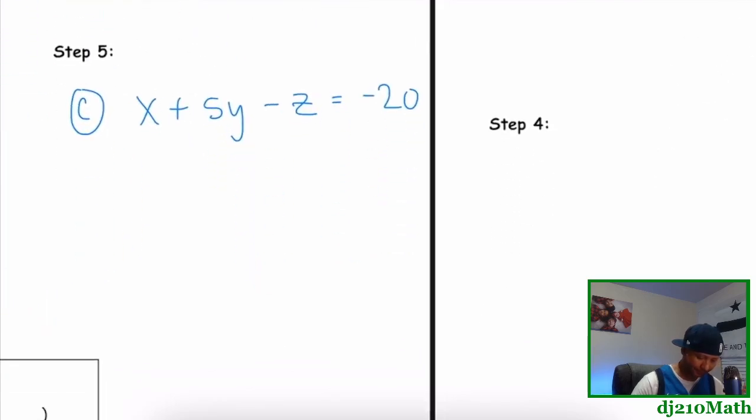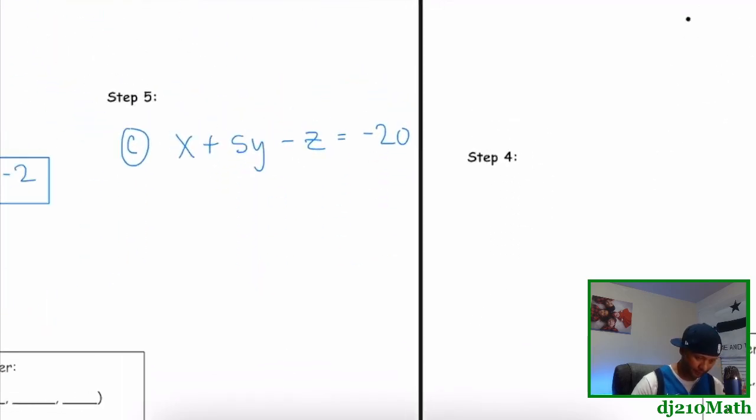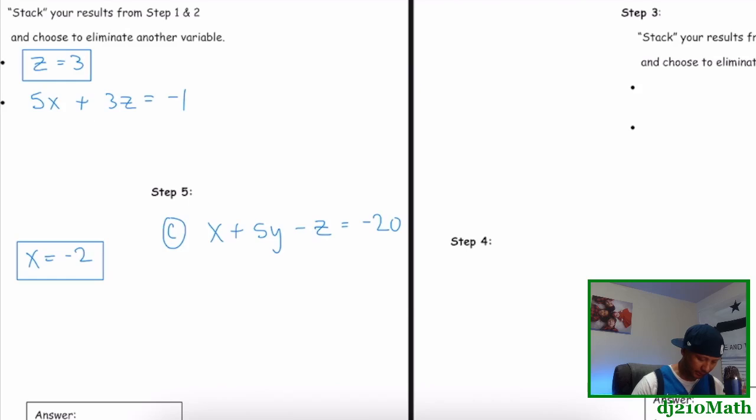All right. So I'm plugging in x and z. So x is negative 2, plus 5y, minus z, which is 3, is equal to negative 20. Combining on the left, 5y, negative 2 and negative 3 make negative 5, equals negative 20.